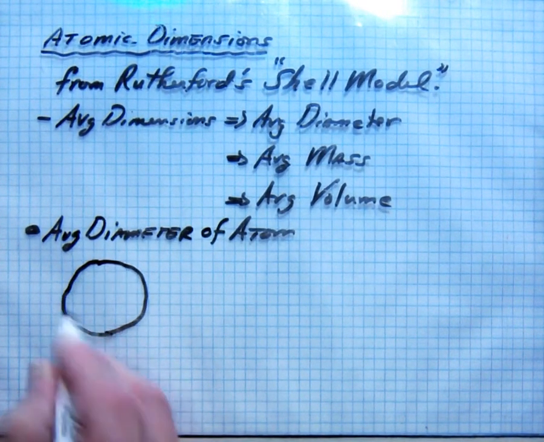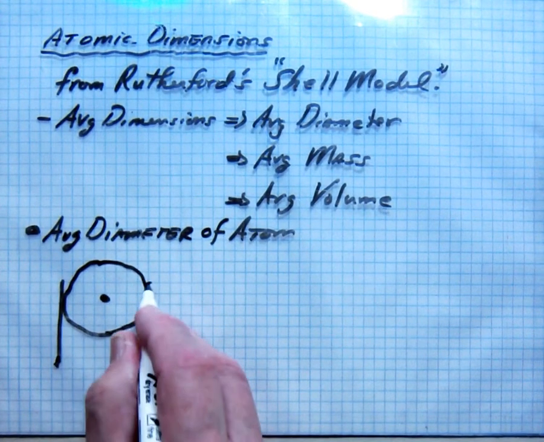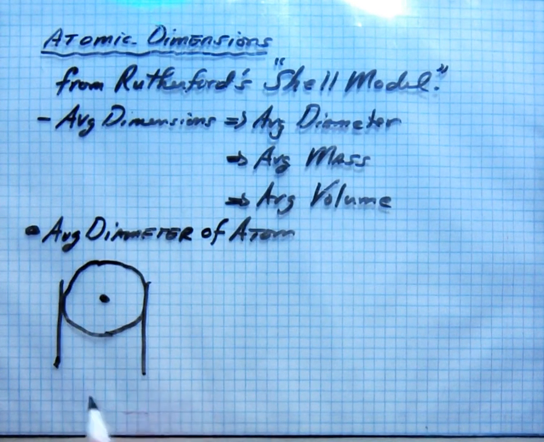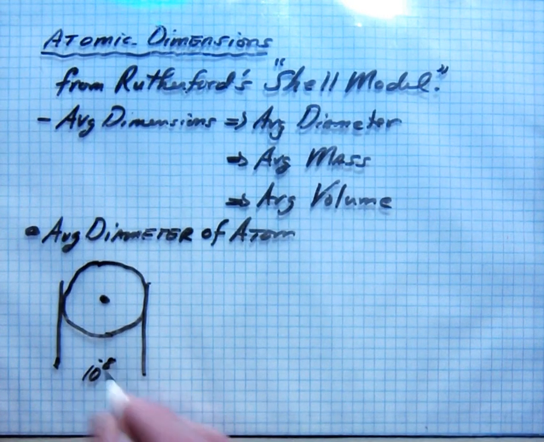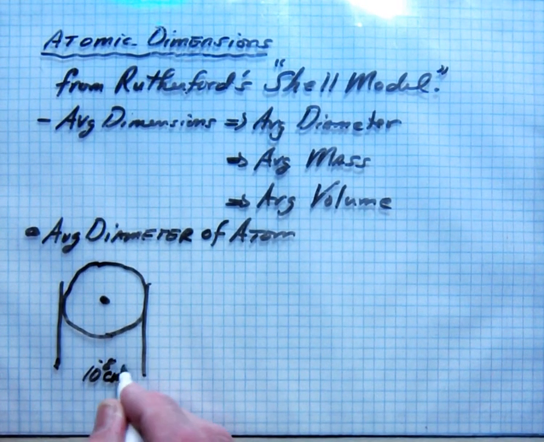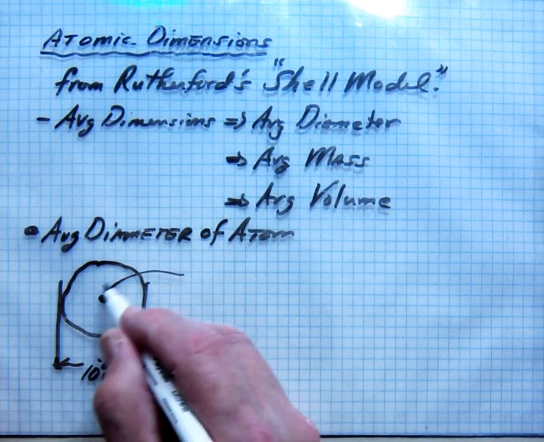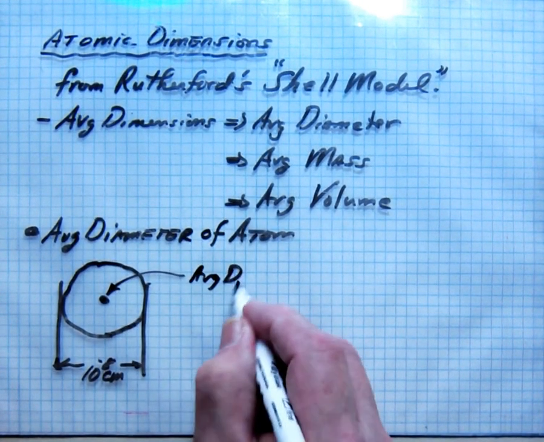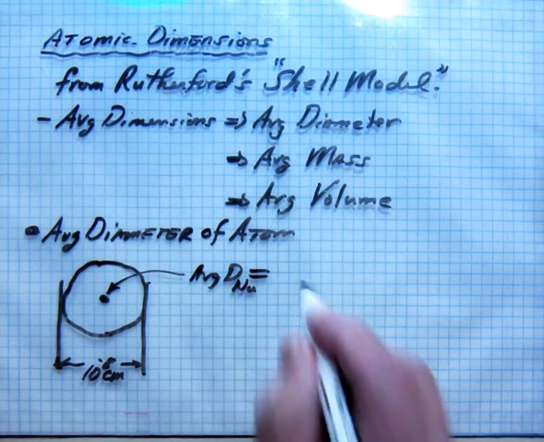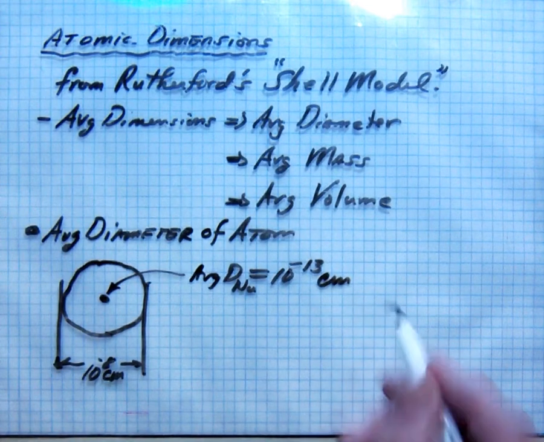But the nucleus, of course, is in here, right here. And so the average diameter is 10 to the minus 8th of a centimeter. Now, I'm just going to point this out. The average diameter of the nucleus is equal to 10 to the minus 13 centimeter.